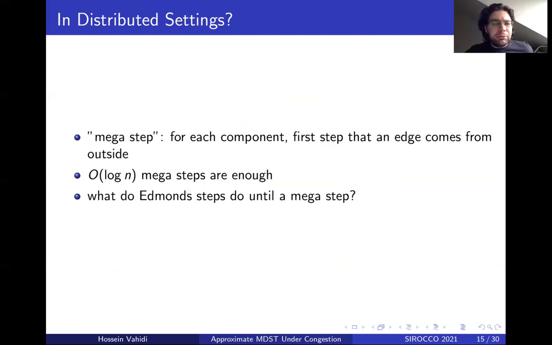So what we want here, instead of those steps, which are called Edmonds steps, is mega steps in which each component is guaranteed to get merged to another component at each mega step, which means that it is enough to do these mega steps log n times to get exactly one component and finish the algorithm by constructing the MDST backwards.